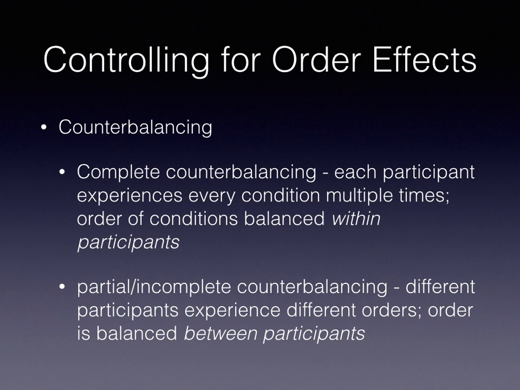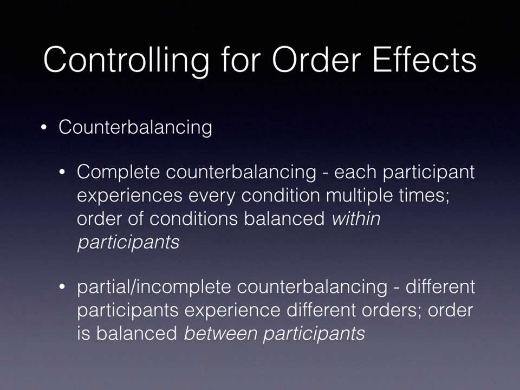But in complete counterbalancing, every participant is going to get all of those conditions many times in many different orders, or at least in several different orders. So every participant gets all the conditions, and then they get all those conditions again in some other different kind of order. Partial or incomplete counterbalancing has to do with different participants experiencing different orders. Everyone experiences all conditions, but different people experience the conditions in different orders.